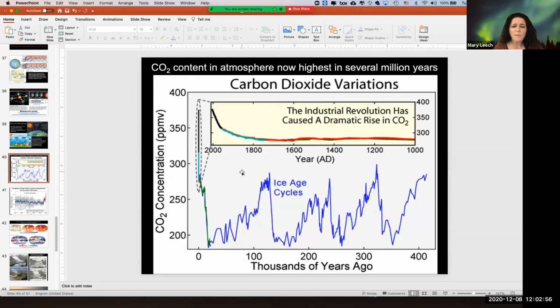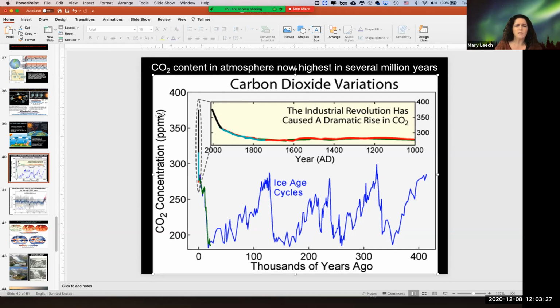Okay, so the carbon dioxide variations that we see that are part of that industrialization has risen. We can see it's an unnatural amount of carbon dioxide. So if we look at the carbon dioxide from ice cores, for example, you would see variations, and this is in parts per million.